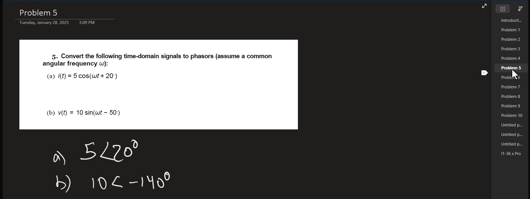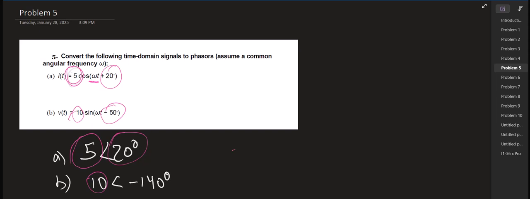When you have a cosine function, the number in front of the cosine, unless it's negative, is your magnitude. We don't worry about this part, and this part is your angle. If it's sine, that's still your magnitude, and you subtract 90 from your angle.